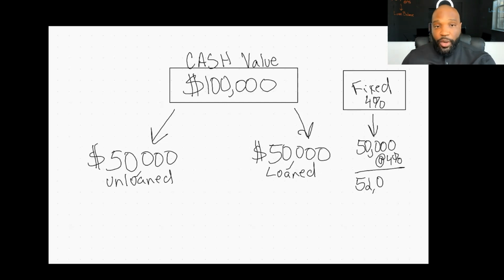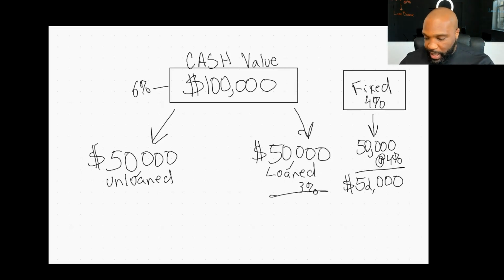Now, remember, within our cash value, within the index universal life policy, typically we can average about 6 to 7% a year. For this example, I'm just going to use 6%. So that's our rate, okay? Now, what happens is, remember, in the fixed loan, they're going to charge us 4%, but this $50,000 that we loaned, we earned 3% interest on it, bringing the balance to $51,500.